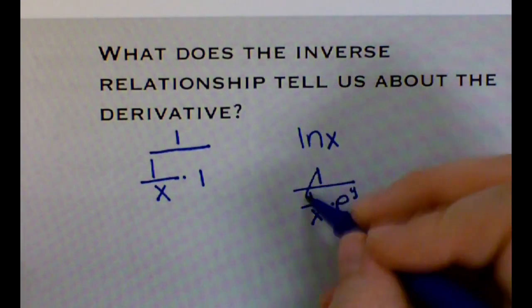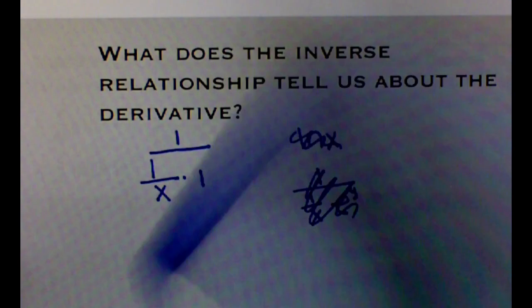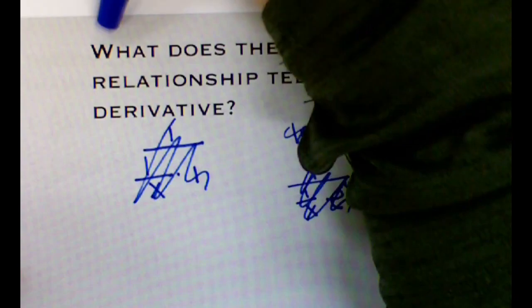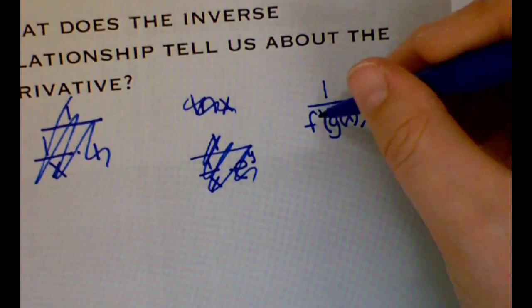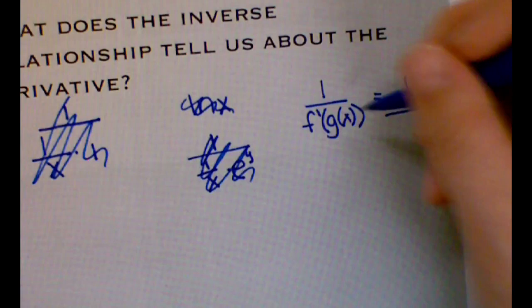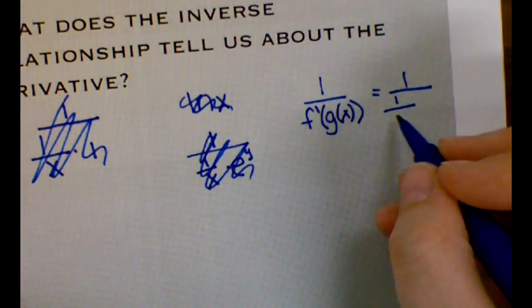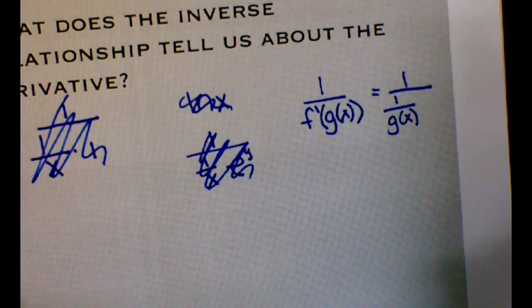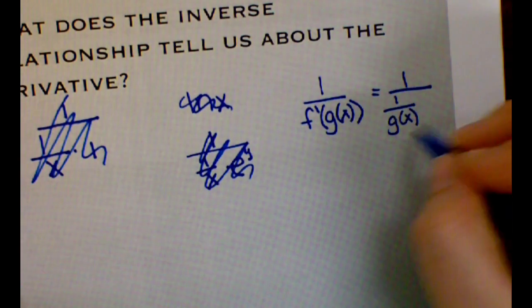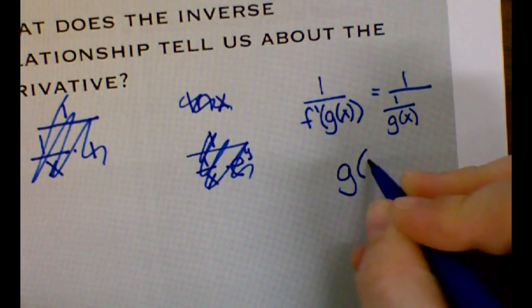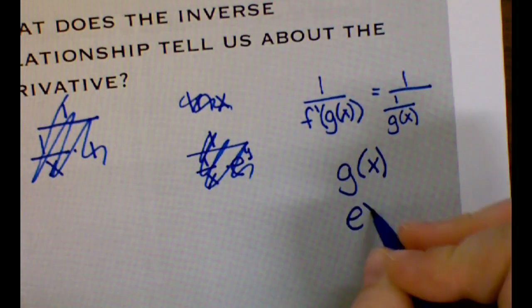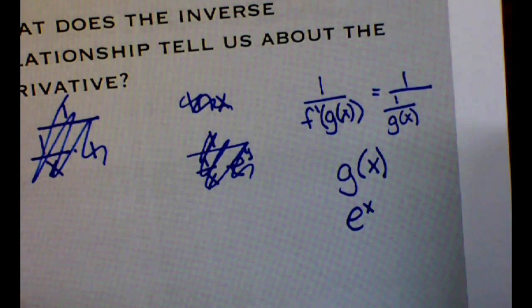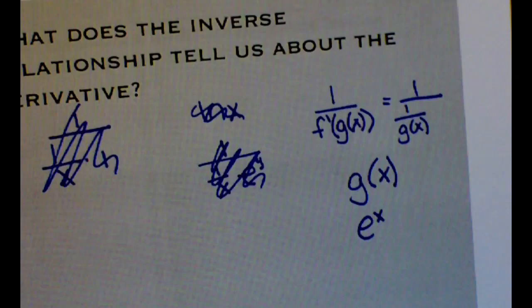So basically it tells me they're connected, right? Sorry, I had to write this out differently. Okay, it's 1 over the derivative at g of x. So 1 over x, but instead of x, it's g of x, right? So that means the derivative would be g of x in this case, which is e to the x power, because of the way the derivative of natural log works.